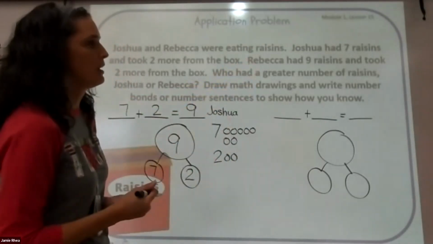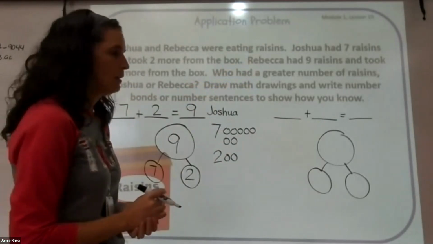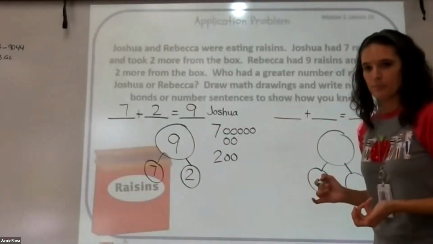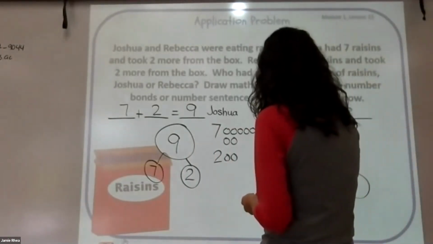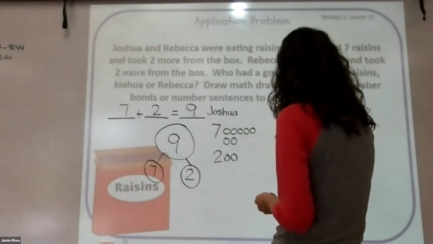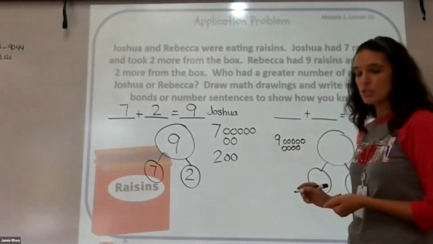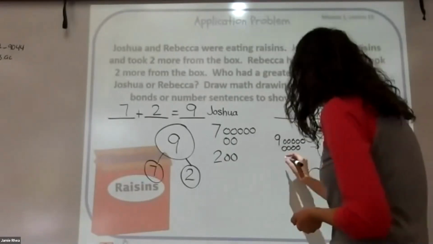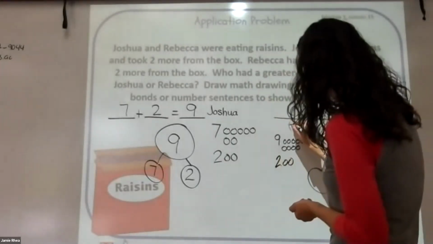Rebecca had 9 raisins and took 2 more from the box. So what is my important information on that one? Rebecca had 9. 1, 2, 3, 4, 5, 6, 7, 8, 9. Got 9, and how many more did she take? 2 more. I'm gonna put Rebecca right here.